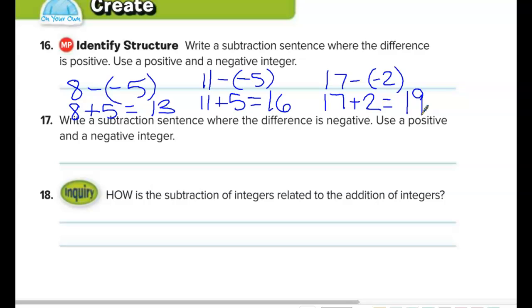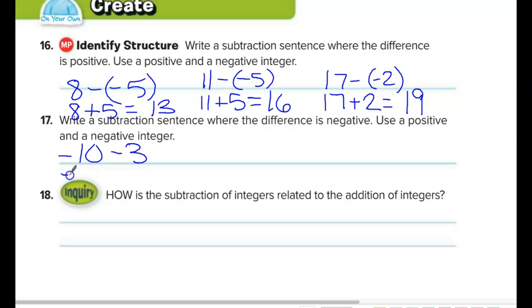Okay, 17: write a subtraction sentence where the difference is negative. Use a positive and a negative number. Bryce. I said 7 minus -3. Oh, okay, wait, no. So how do you want to change it so that... -10 minus 3.